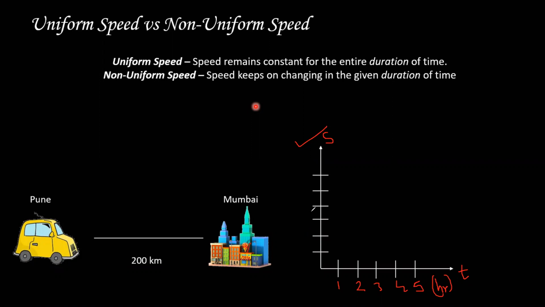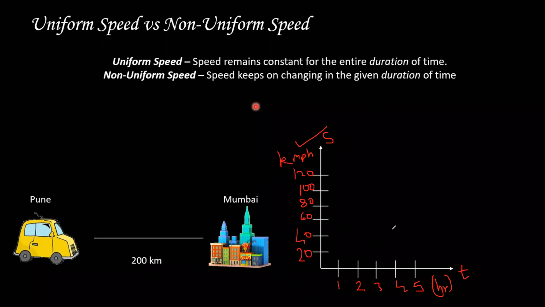Okay. So let's take 20 as the denomination. So this is 20 kilometers per hour. This is 40. This is 60. This is 80. This is 100. And the last one is 120 kilometers per hour. So folks, this is speed in kilometers per hour, kmph.